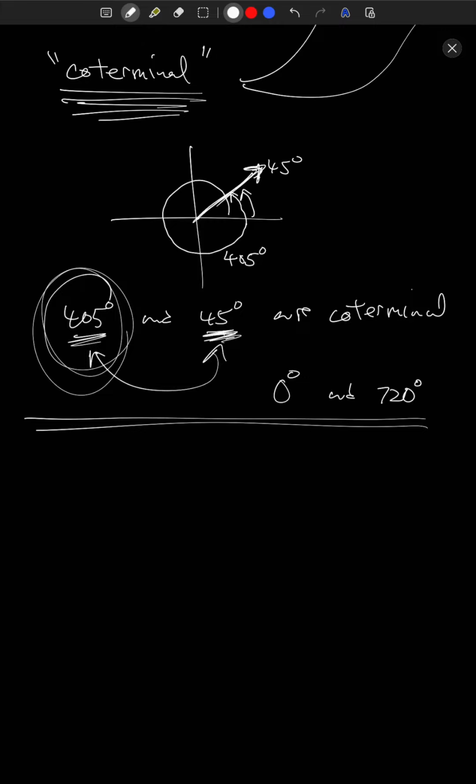They differ by going all the way around the circle. Another way to say this is you can subtract the two angles and see if the difference is a multiple of 360. If the answer is yes, then they're coterminal. That's a way to describe how to actually check.